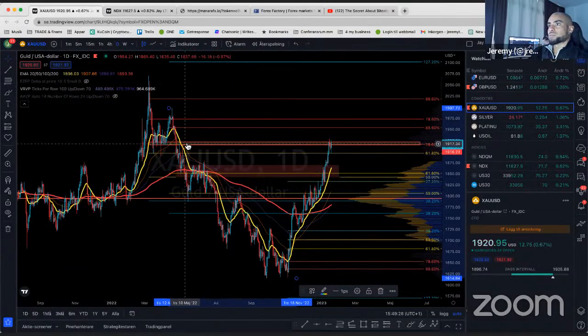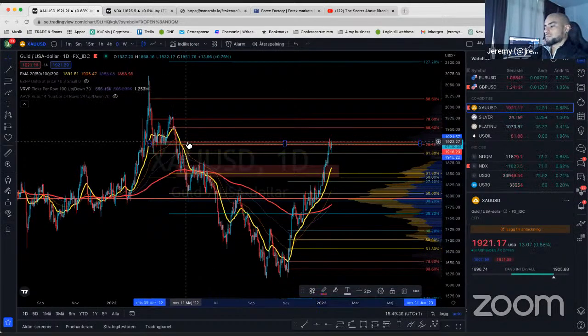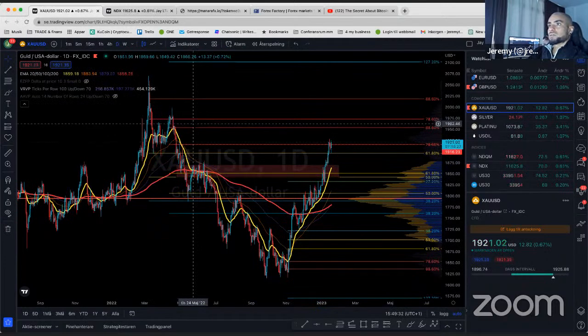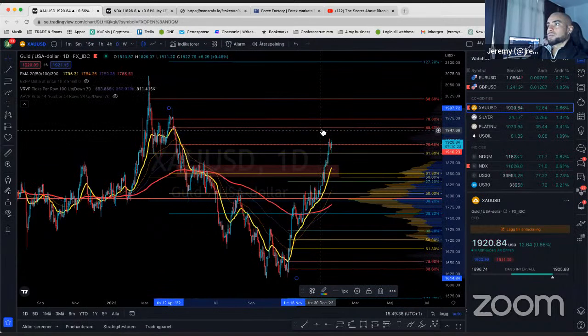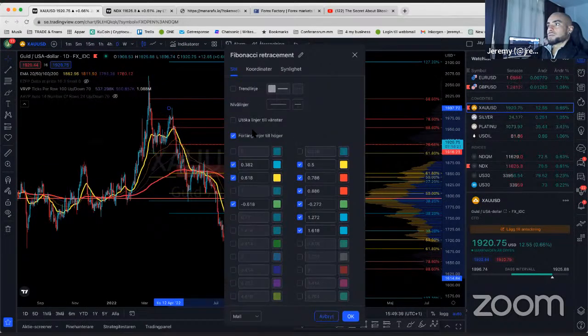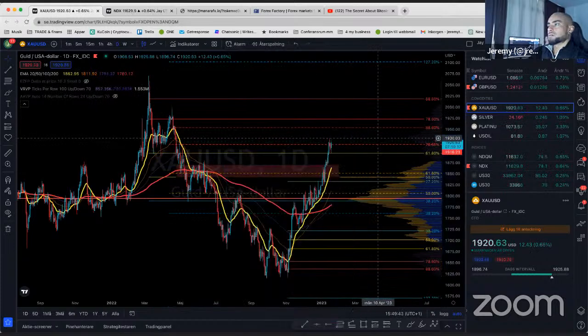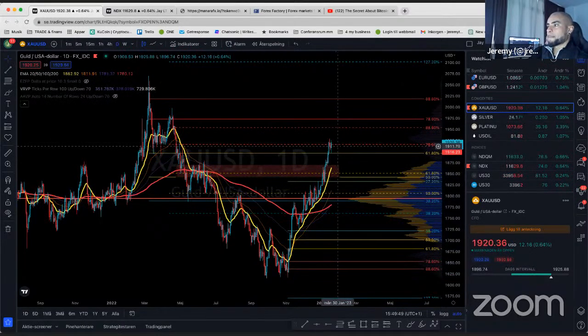Let me remove some stuff so you can see it better. And I'm gonna do this one dotted, like this. So as you guys can see, we're in the supply zone right now, okay?